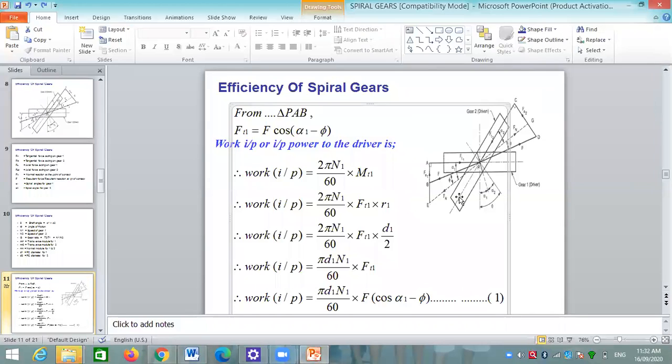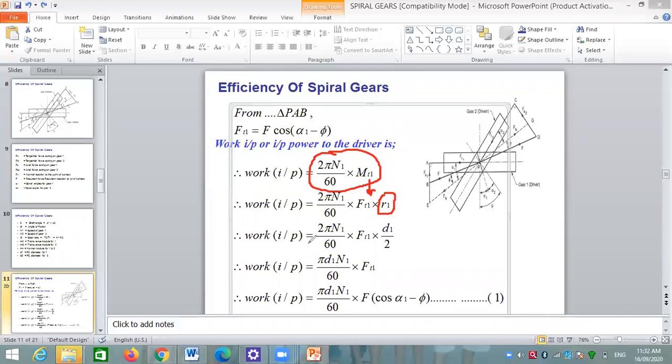Mt1 is the torque which is acting on gear 1. Therefore input power is equal to 2 pi n1 divided by 60 into Mt1. Mt1 is equal to tangential force into radius. For gear 1 the radius is r1 and the tangential force is Ft1.